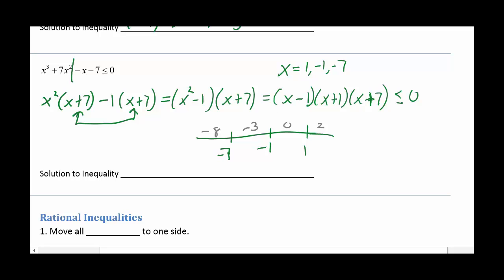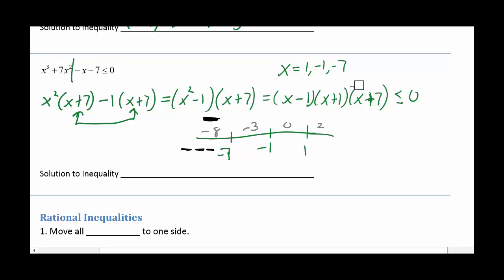So let's start with the negative 8. So imagine if I evaluate negative 8 there. Well, what would I get each time? Well, negative 8 minus 1, that's a negative number. Negative 8 plus 1, that's a negative number. And negative 8 plus 7, that's negative. So I have 3 negative things that I am multiplying together. So that means my result is going to be negative.